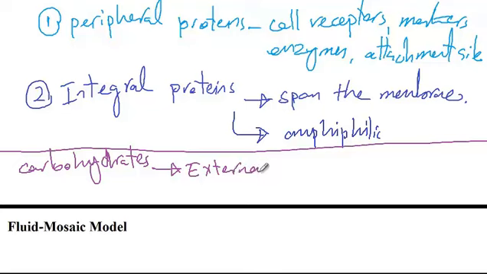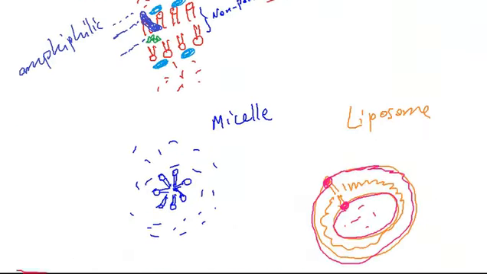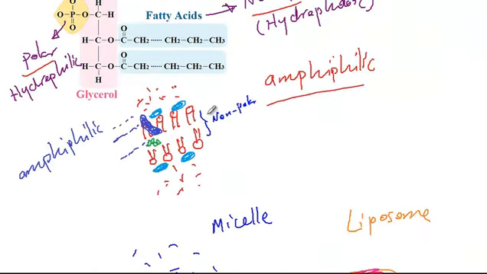So they are always on the external surface of cell membrane, and their main function is for cell recognition. So here, on the external surface, we can have a carbohydrate that is attached to the phospholipid component. So this is called a glycolipid.